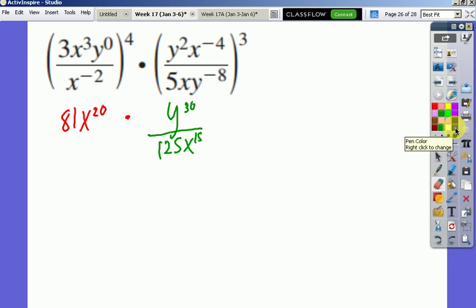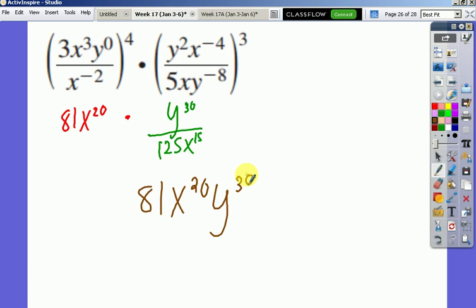Now we have to multiply them. So I'm just going to multiply straight across. 81 x to the 20th, y to the 30th, divided by 125 x to the 15th.